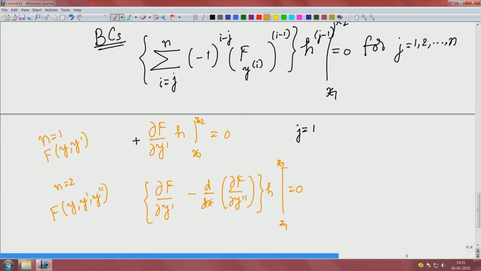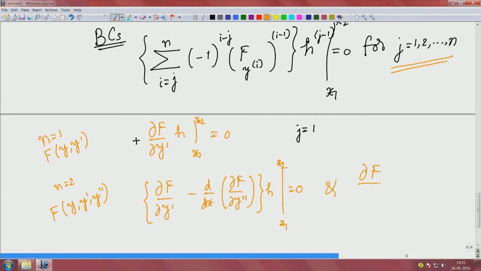That is what you will get, but now we have i going from j to n. Now, we have to try for j equal to 1 and j equal to 2 as written here. So, for j equal to 1 we get one term, and for j equal to 2 we get another one.